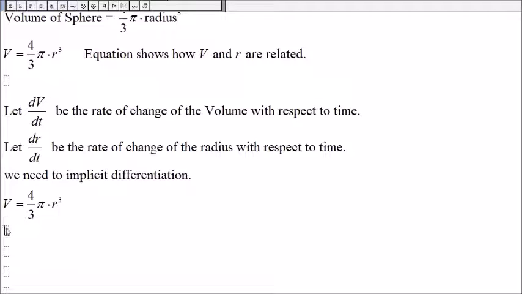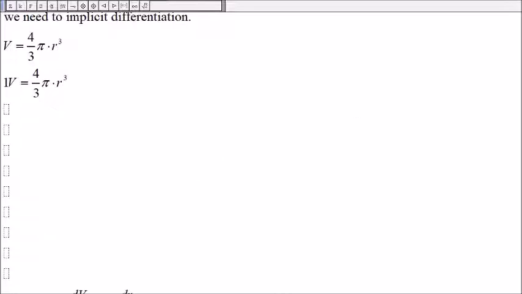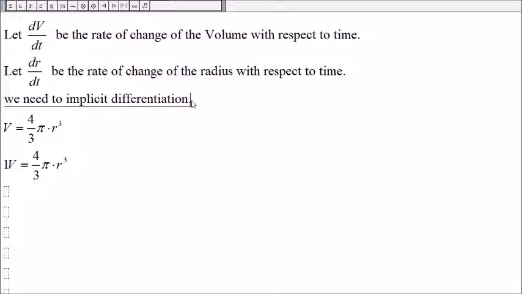So V is equal to 4/3 times pi times r to the third. V is the same as 1V. And here we do an implicit differentiation with respect to time.